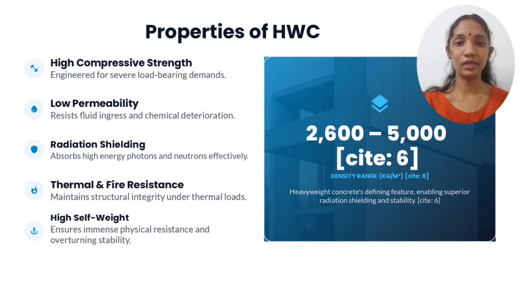Another important property is its excellent radiation shielding ability. It also performs well under high temperatures and fire. Finally, its density ranges from 2,600 to 5,000 kilograms per cubic meter, giving it excellent stability.